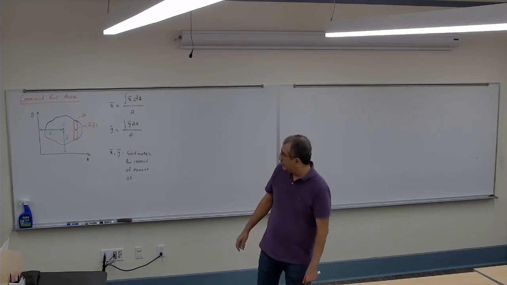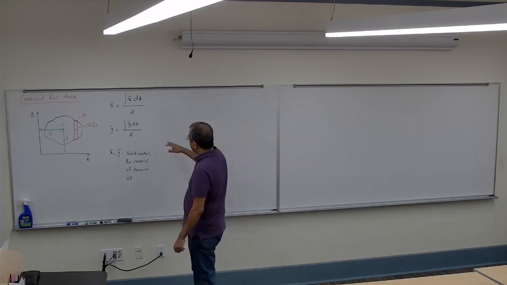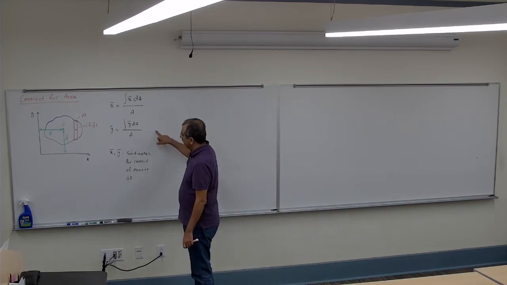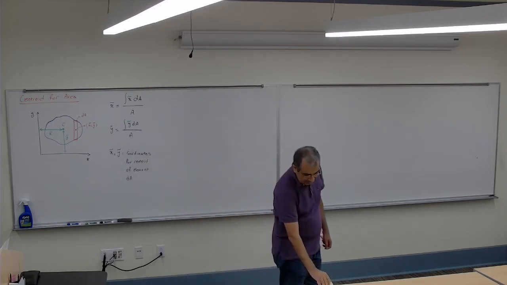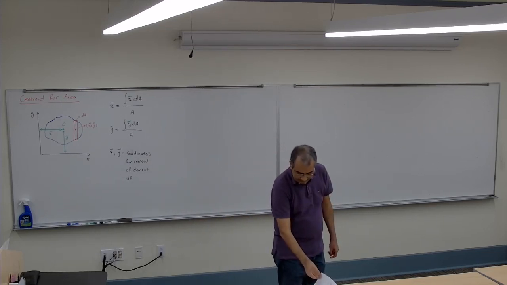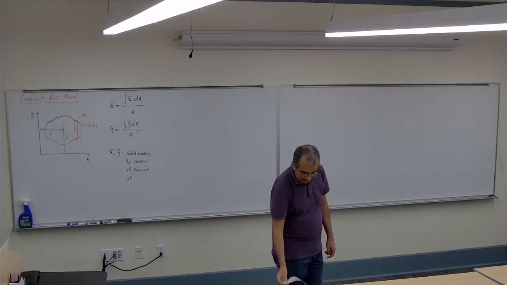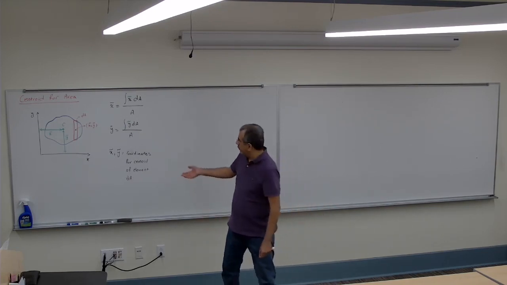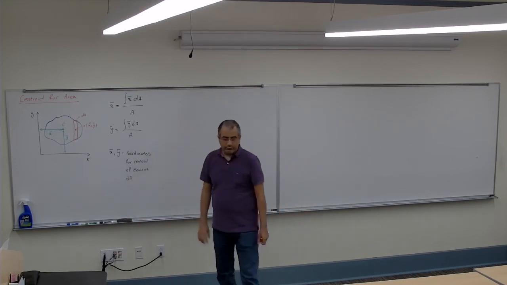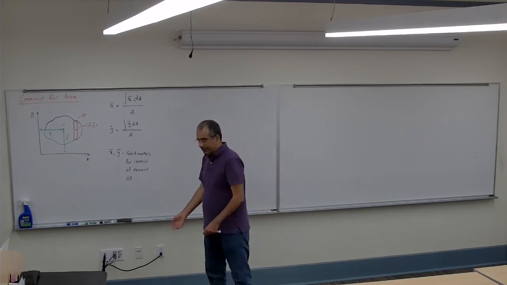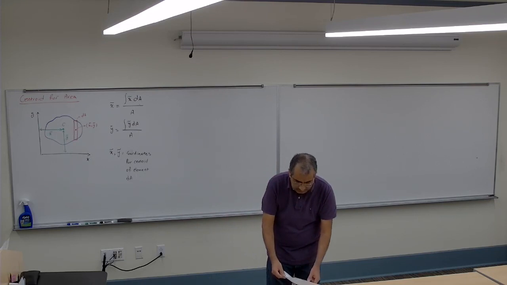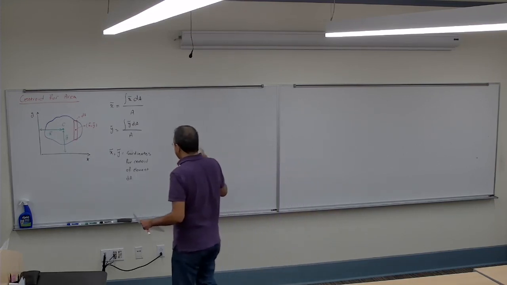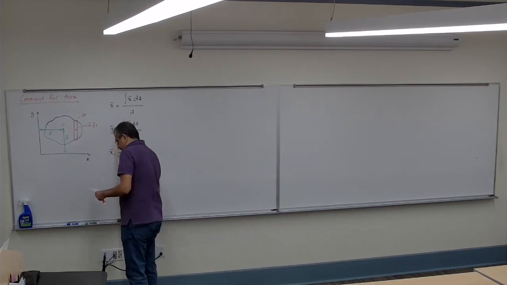For the centroid, especially later on, we use them as the first moment of area when we get to the shear. When we get there, I will tell you how to calculate that. I'm just writing it here very quickly, but when you get to the shear, I will explain it there.